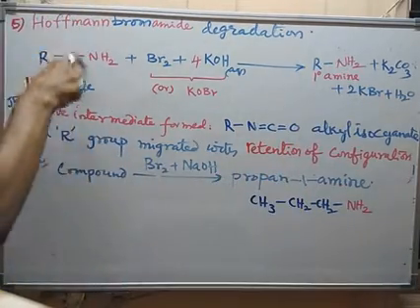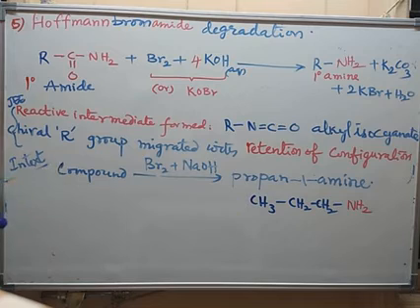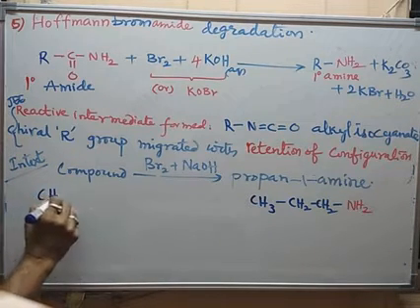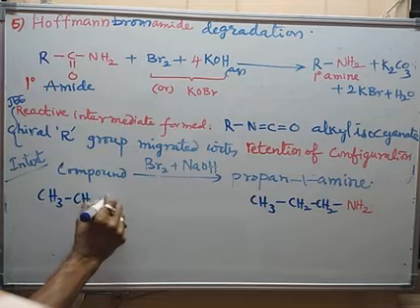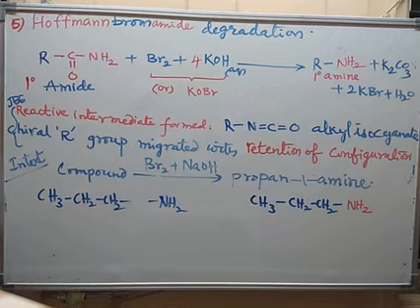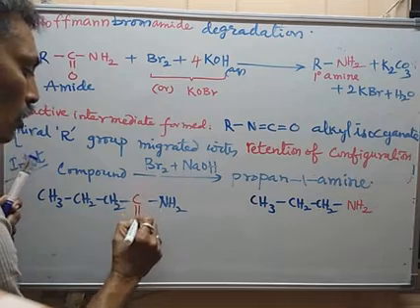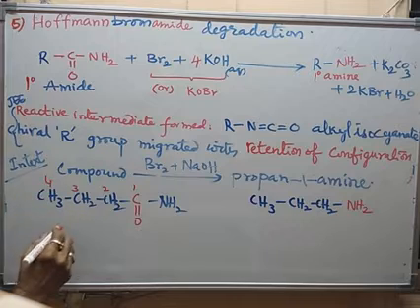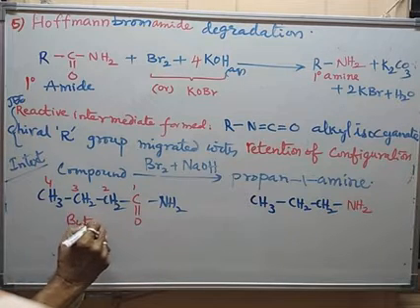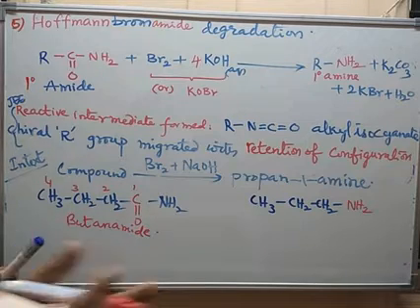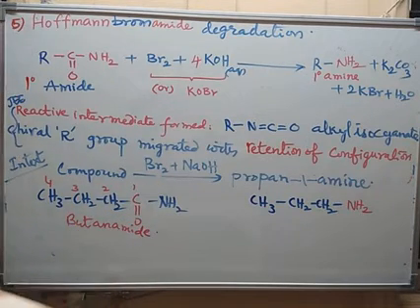You have to insert CO and design the compound. So NH2 is given. I would write CH3CH2CH2NH2. In between these two, you just introduce N-C double bond O, giving how many carbons in the chain? 4 carbons. Its name is butanamide. That is the answer. In an intelligent way you have to answer in the examination.